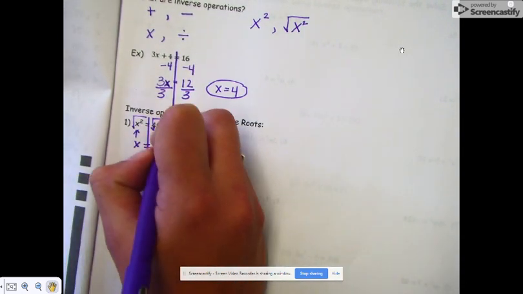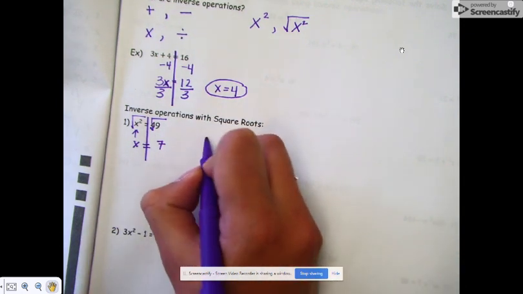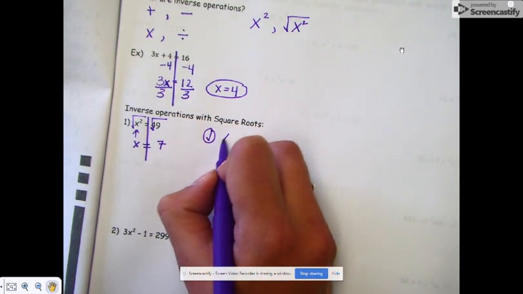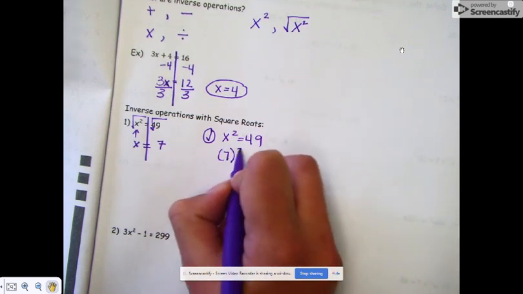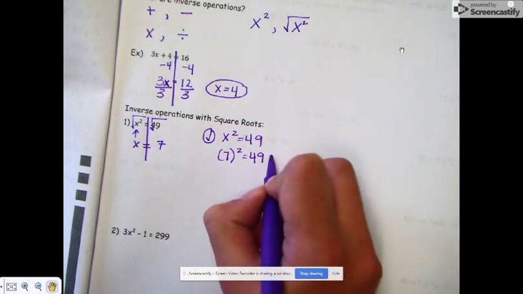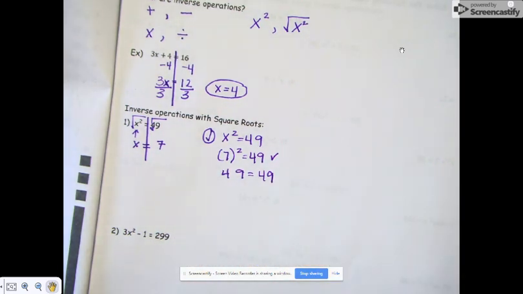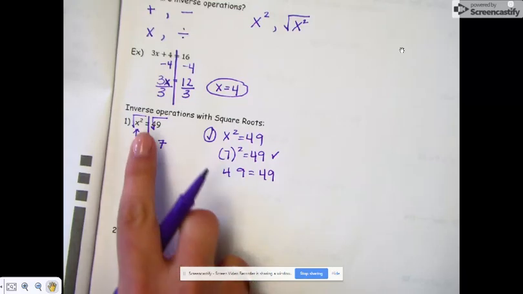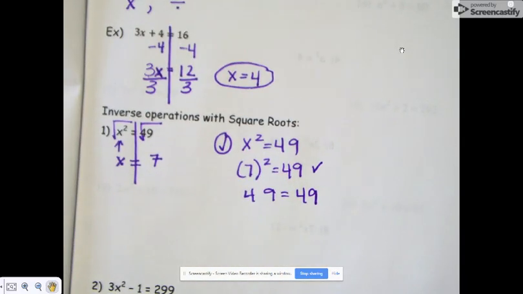What's the square root of 49? And this is what we did before. x is 7. If you check your answer, you can plug 7 in for x, and 7 squared is 49. So that checks. Whenever you get x squared alone, you can always take the square root. That's the inverse operation for squared.